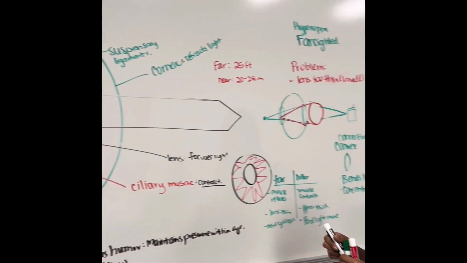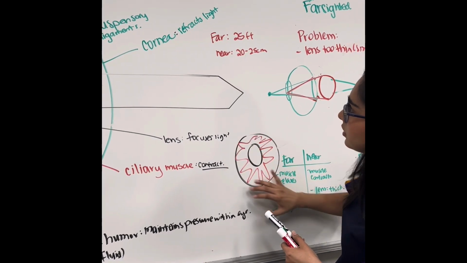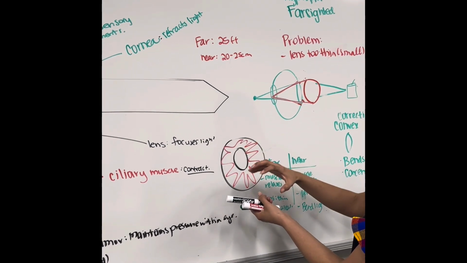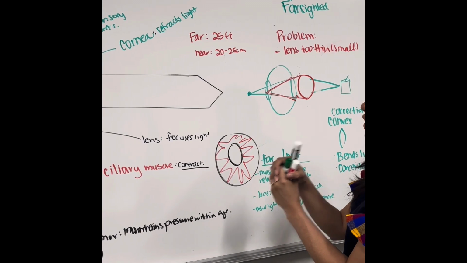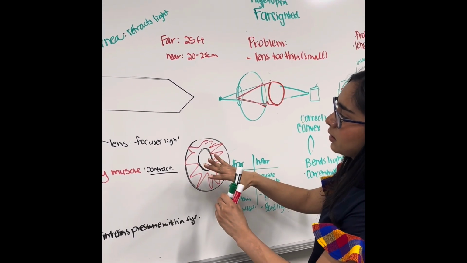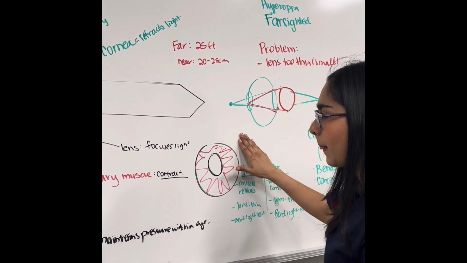So let's say this is our lens right here. Our ciliary muscles and suspensory ligaments are kind of like sphincters. When they contract, they bring everything tighter, and that makes our lens get thicker. When they relax, it makes our lens thinner. We will talk more about this later.